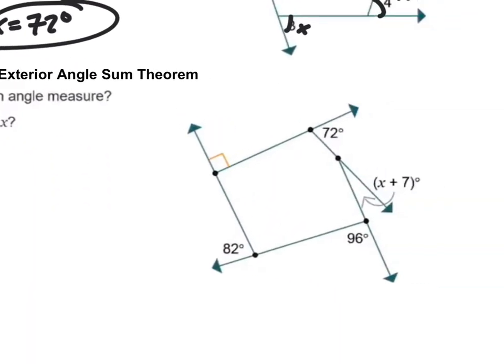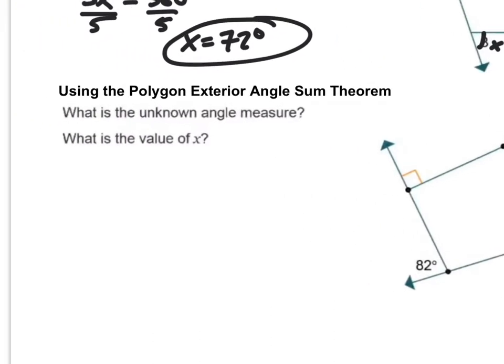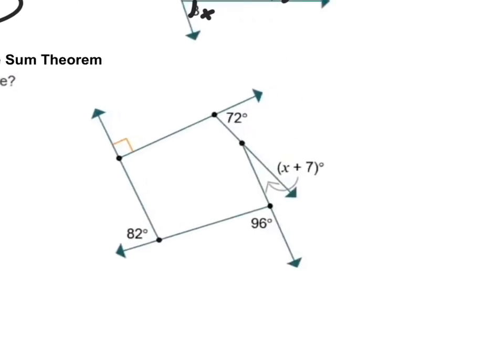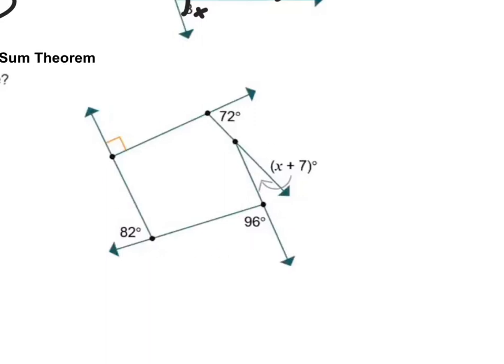You've got a problem like this where you have some of these angles, but you're trying to figure out one of the angles. So what is the unknown angle measure, and what is the value of x? What I'm going to do is add all of these numbers up, and set it equal to 360.